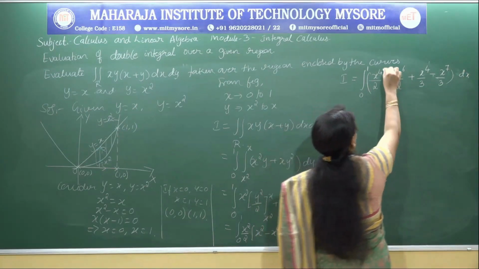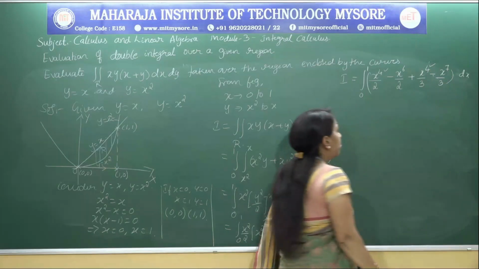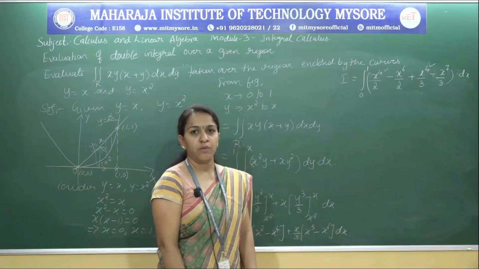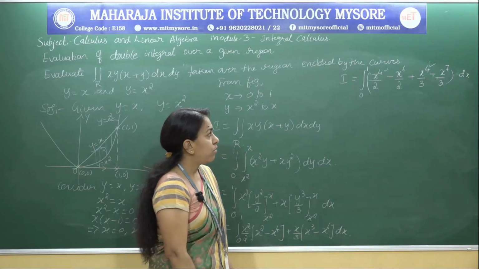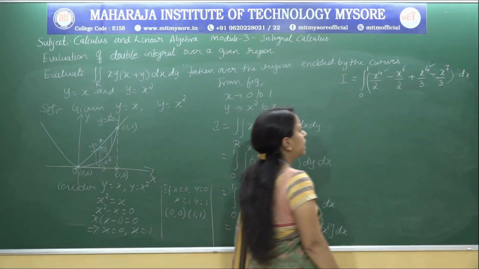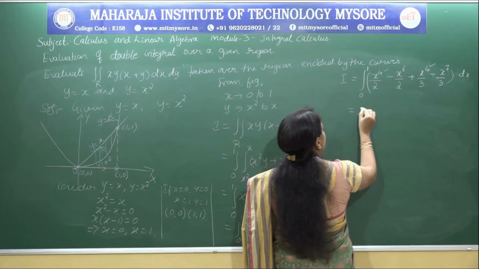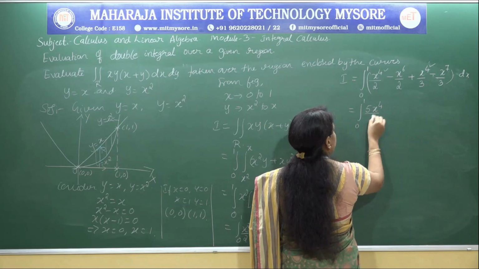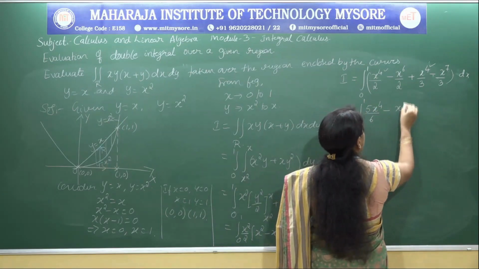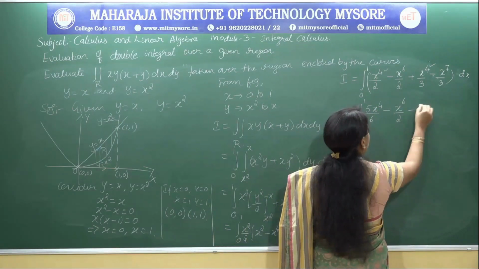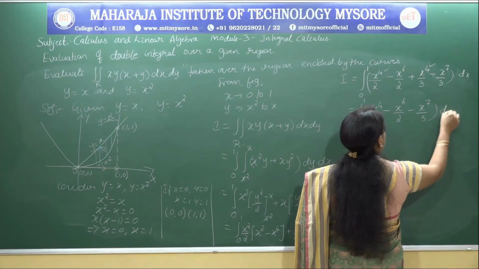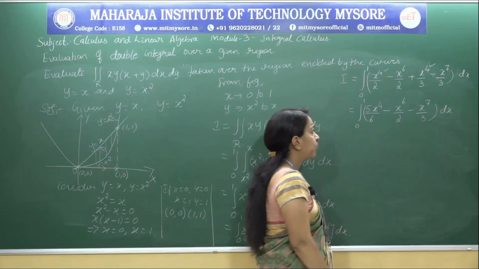So I can simplify these two: 1 by 2 plus 1 by 3 times x power 4. I take x power 4 common, so 1 by 2 plus 1 by 3 will be 5 by 6. So integral 0 to 1 of 5 times x power 4 by 6 minus x to the power of 6 by 2 minus x power 7 by 3 should be integrated with respect to x.